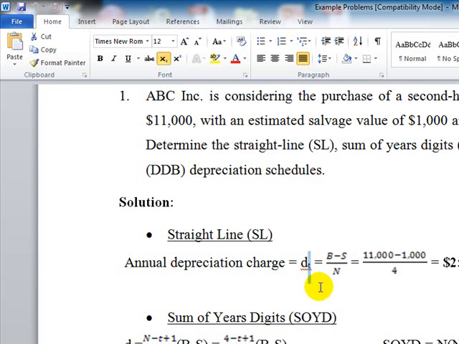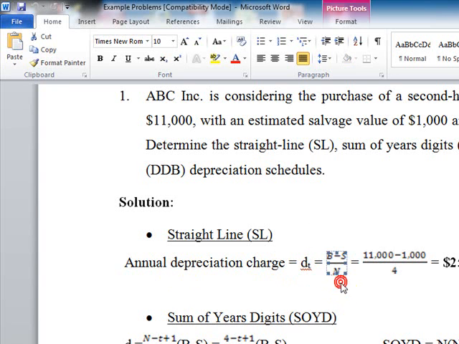T can be 1, 2, 3, or 4 depending on which year we are talking about. So D sub T is equal to (B minus S) divided by capital N, where B is the base cost, the initial cost of the asset. S is the salvage value and capital N is the useful life, right?